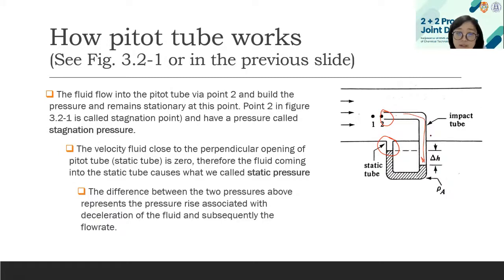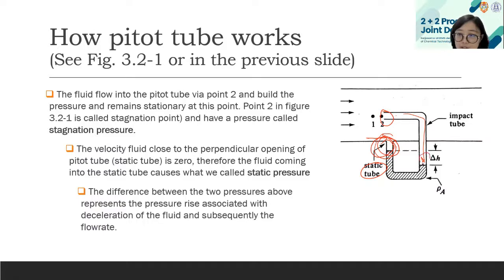We call it the stagnation pressure. We also have a velocity of fluid close to the perpendicular opening of the Pitot tube. We call this the static tube. Usually it is 0, because it is near the wall of the pipe.